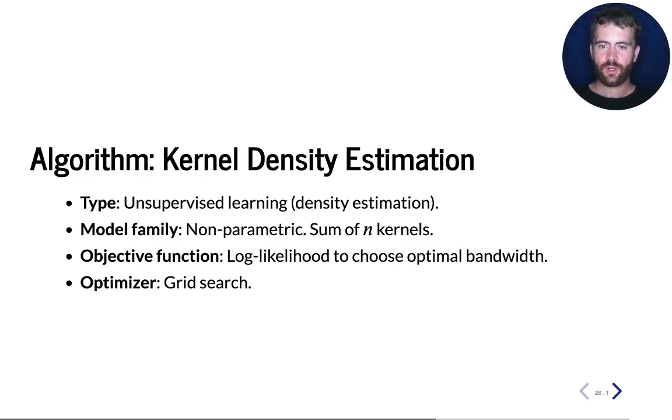So in that sense, our computational requirements increase as we increase our data set size, which makes the model non-parametric. We don't really fit the model itself, but we can use the log likelihood to choose the bandwidth, which is a hyperparameter of the model, and we can choose this bandwidth using grid search.